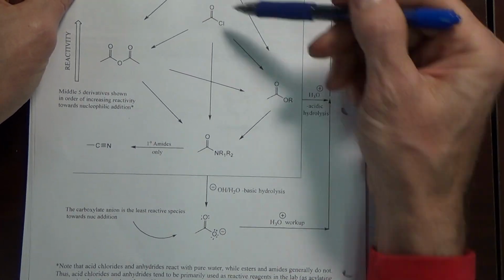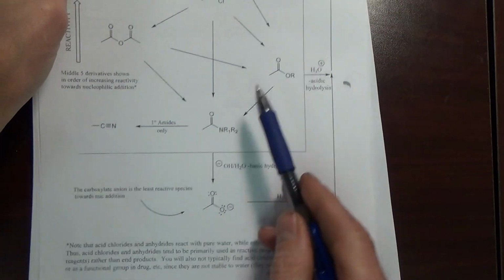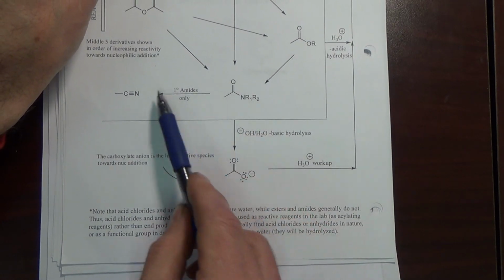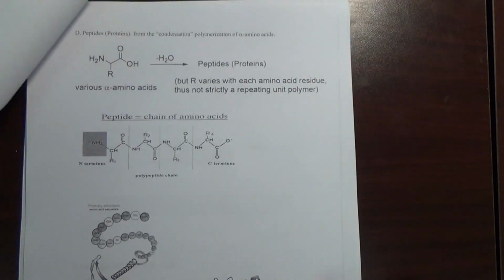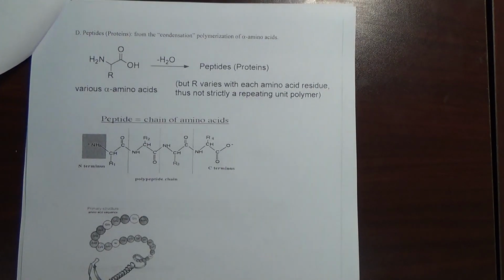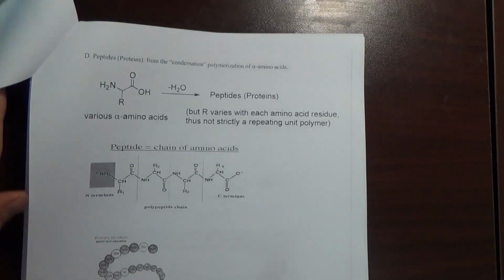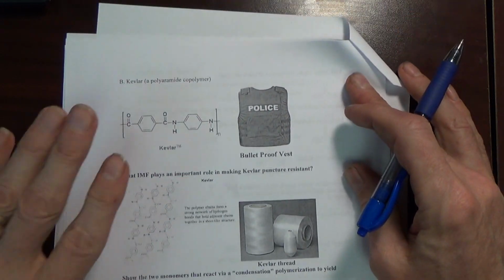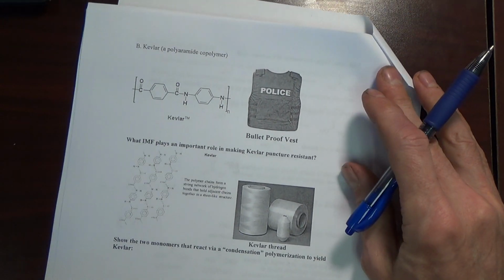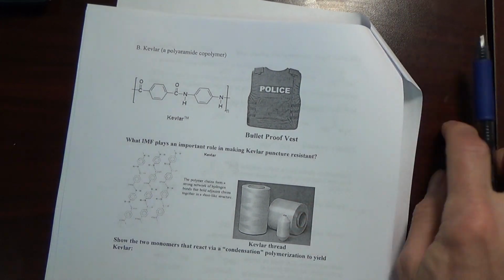Chemistry of esters, how to make them, what reactions you can do. Then we'll move to chemistries of amides and chemistry of nitriles. There's also some applications here, including some polymers. Take a look. Okay, guys.